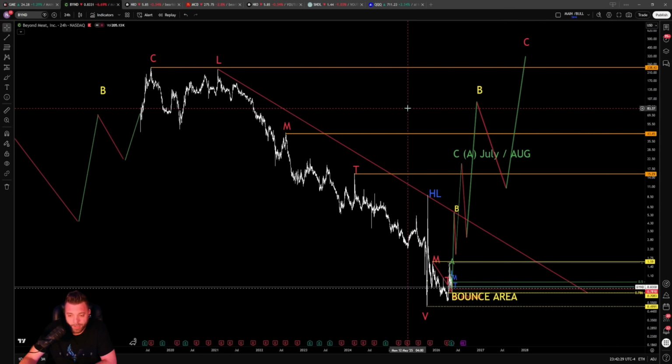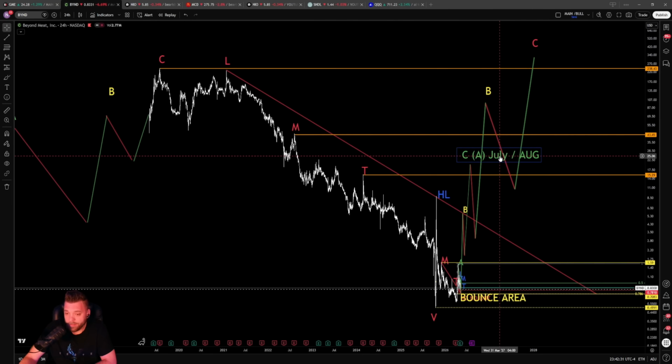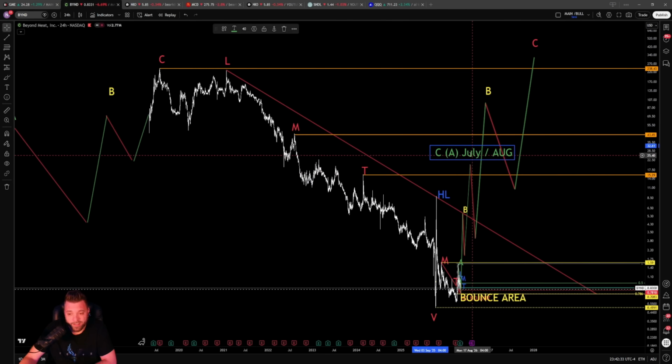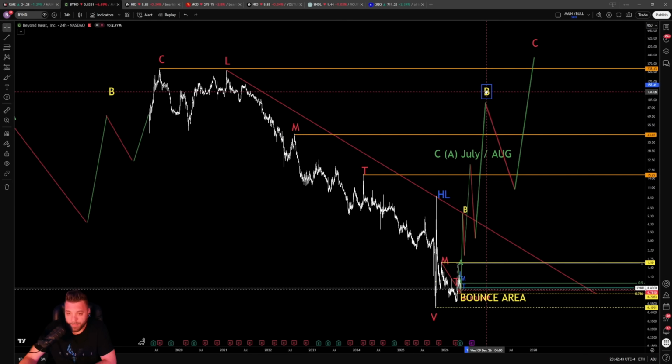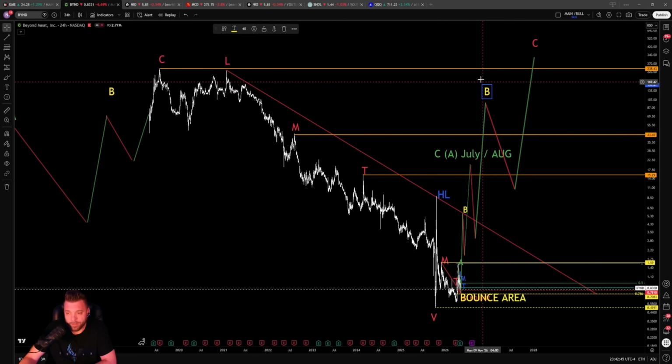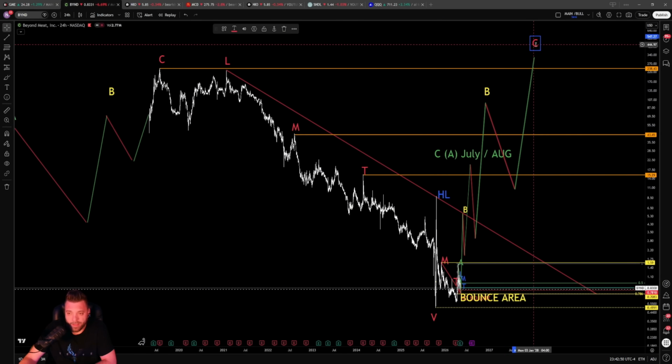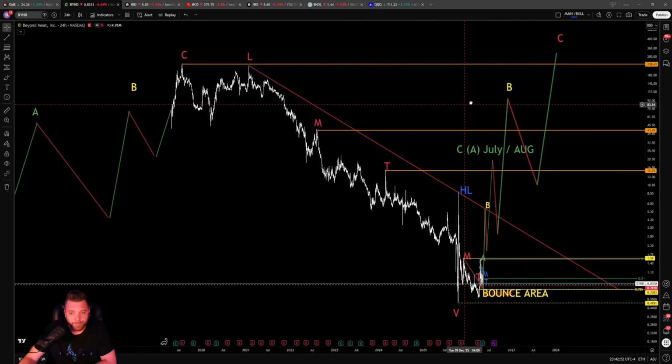Before we go into the micro tracking, our next target is still our next big A, which has to be over 15, under 43, which still should be July, August. Then B should be over 43, under 200, and then breaking all-time high or not.